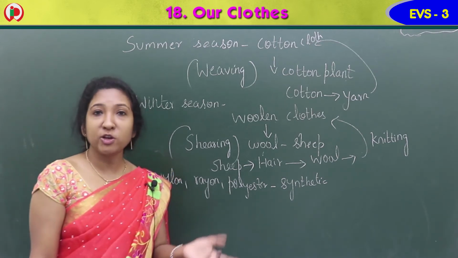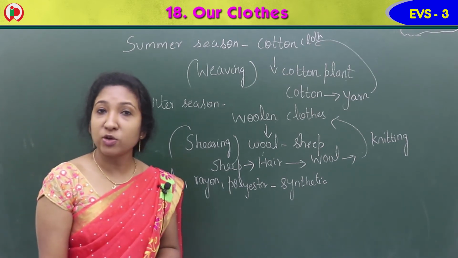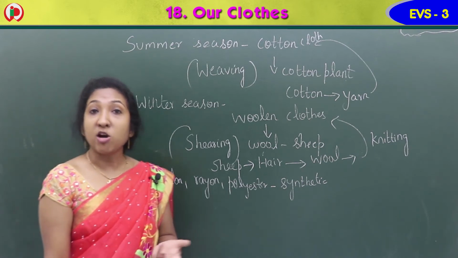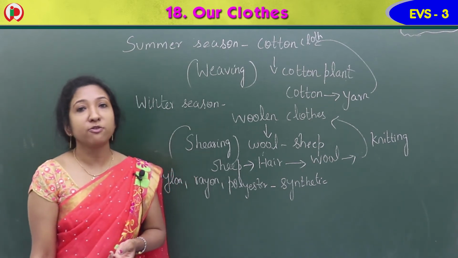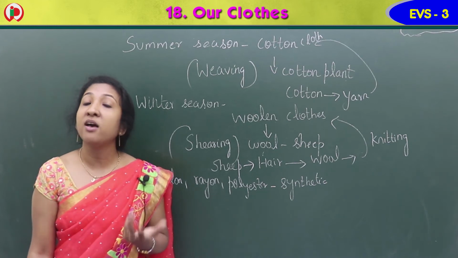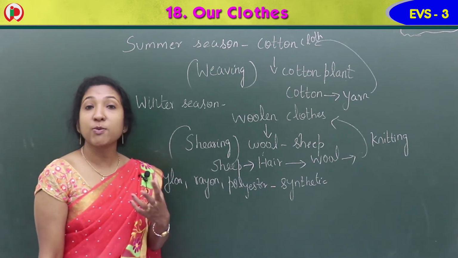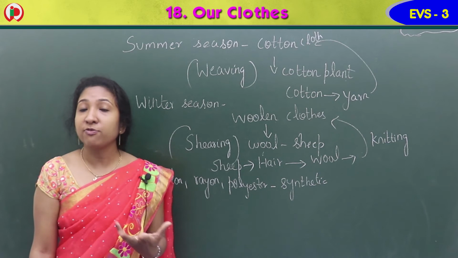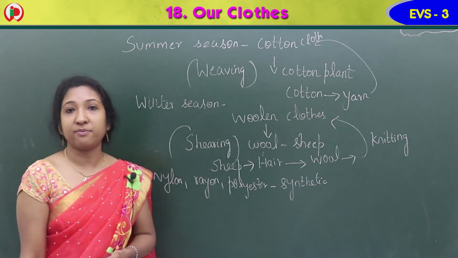And we learned about uniforms, isn't it? Children wear uniform to go to school. Doctors wear uniform, nurses wear uniform, postmen, policemen, they all wear uniforms. They have special uniforms, so we can identify them from the uniform they wear.